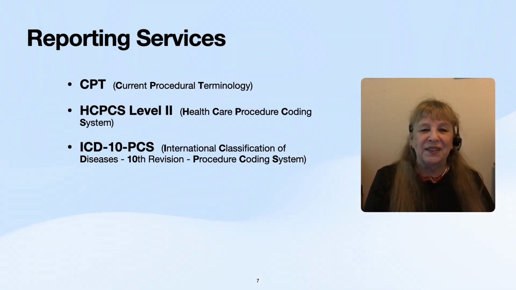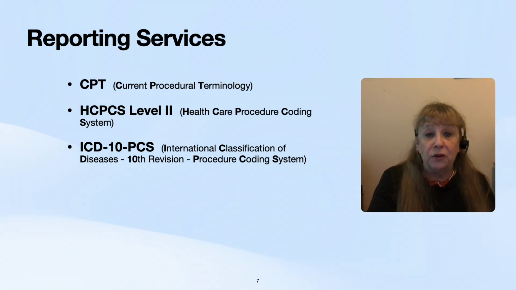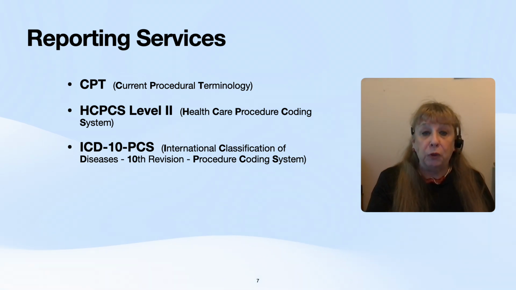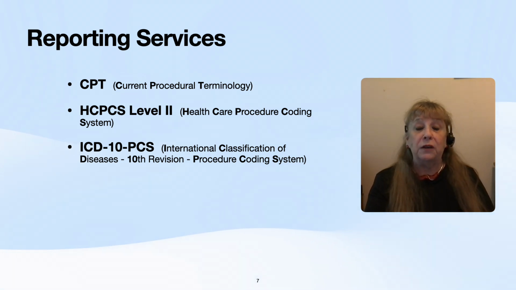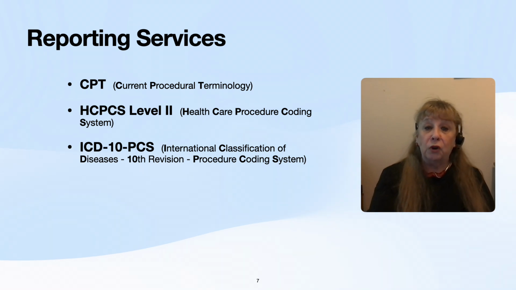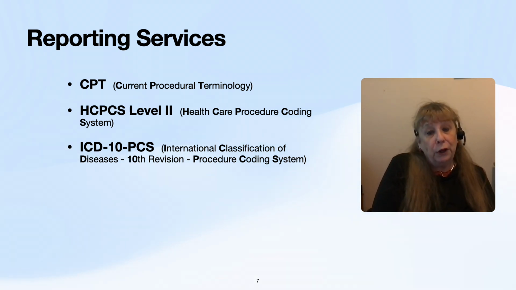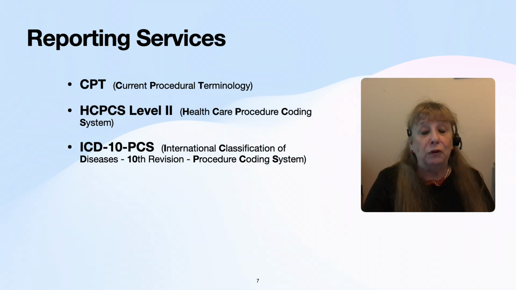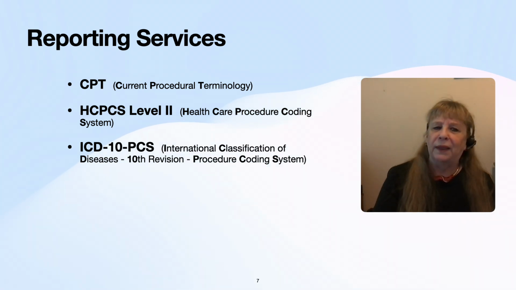Okay, HCPCS. And we use those codes to report things like transportation for the patient, like ambulance service, or we might use it for supplies, like if the patient sprained their ankle and the doctor gave them a boot, or a crutch. That would be reported out of HCPCS Level 2, things like that. You'll learn about that later.